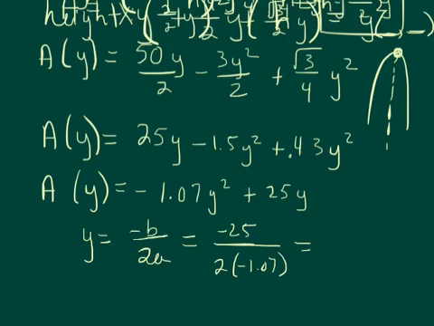Around 10-ish? I got 13.375. Agreed? All you're doing is negative 25 divided by, parentheses, 2 times negative 1.07, close parentheses, enter.